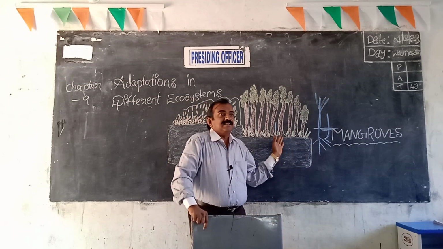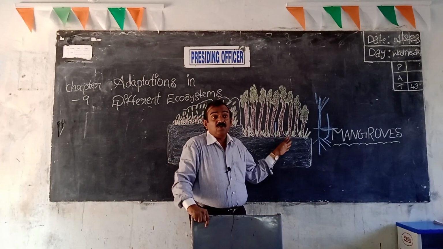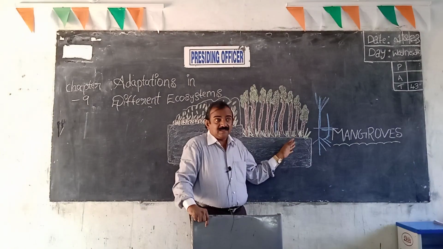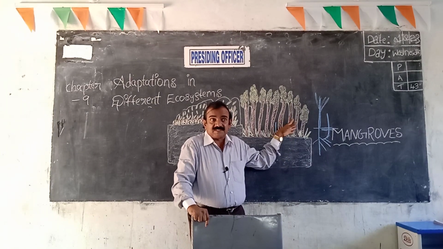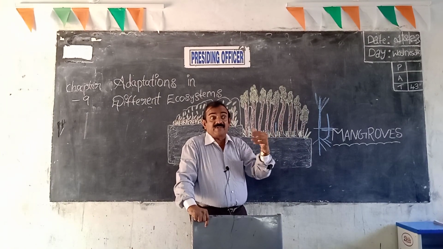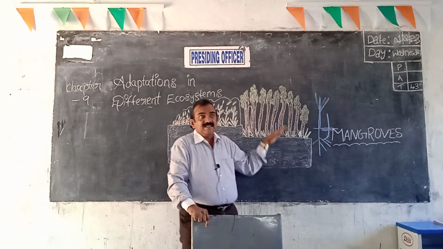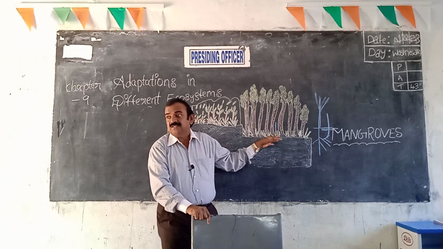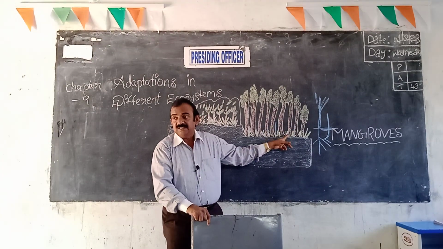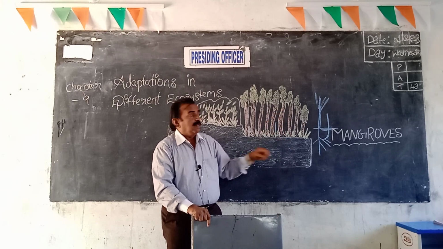So plants perform respiration through roots. Here roots go upward for respiration, to take air. This way these plants perform respiration with the help of these lateral roots growing upward.